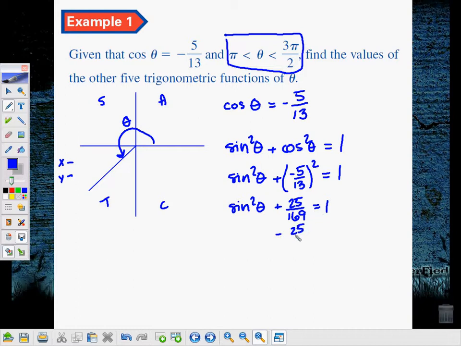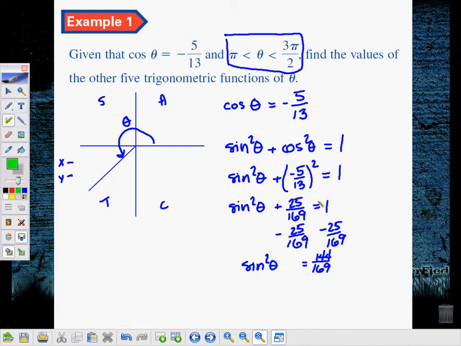Take away 25 169ths from both sides. And that gives me sine squared theta equals 144 over 169.